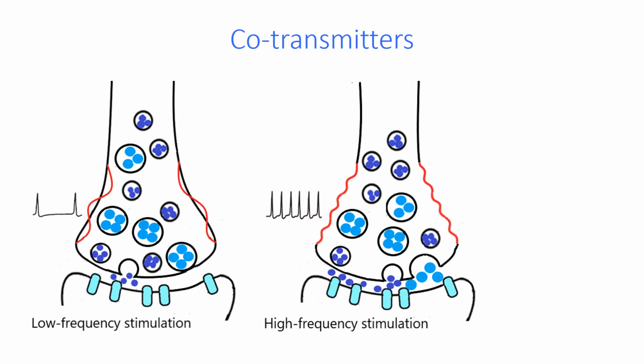Co-transmitters are differentially released according to the pattern of synaptic activity. Low-frequency stimulation releases one type of neurotransmitter. High-frequency activity releases another type or both neurotransmitters.